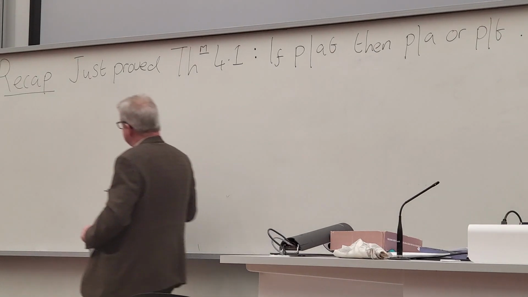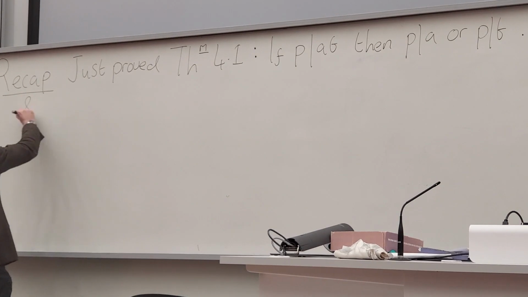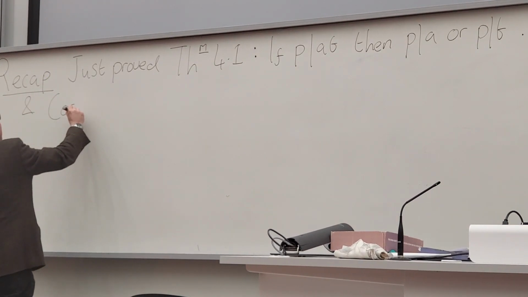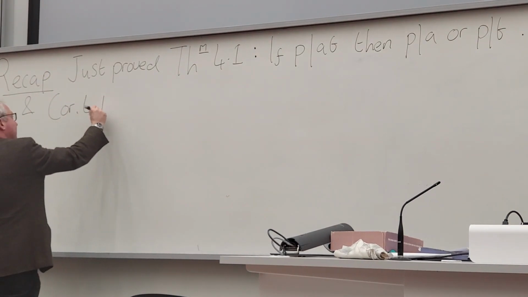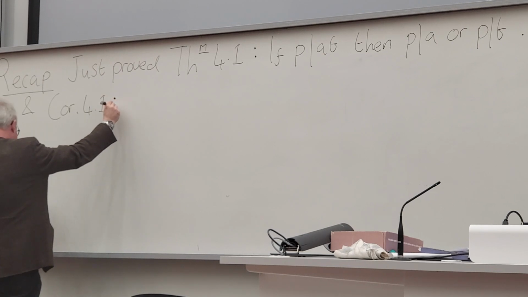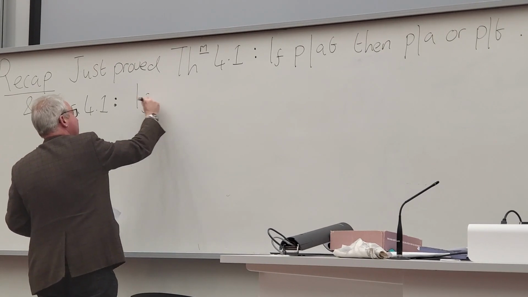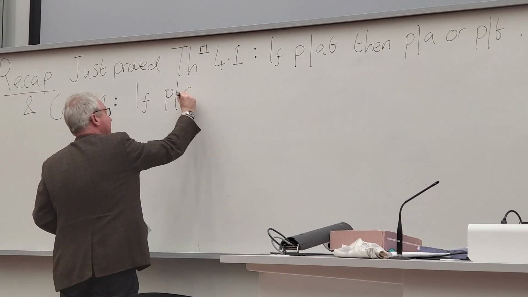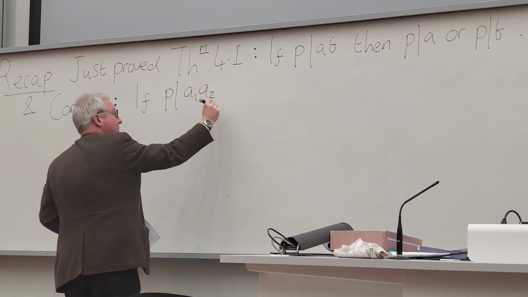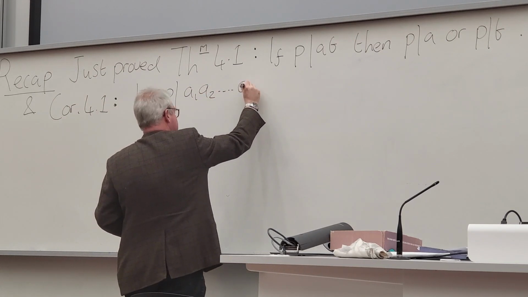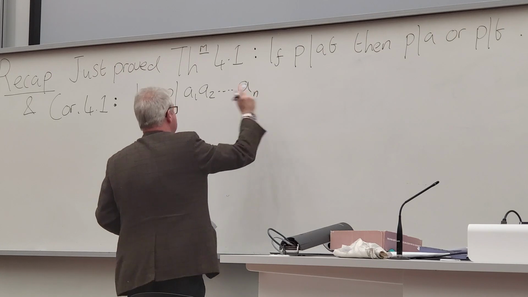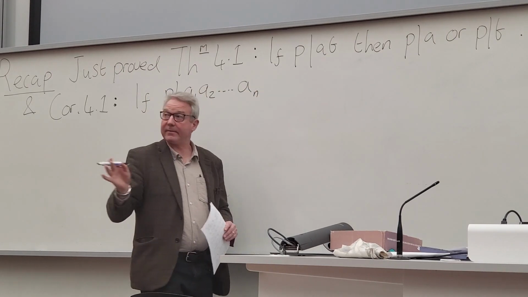We also proved Corollary 4.1, and that says that if a prime P divides A1, A2 up to An, then it must divide one of those.